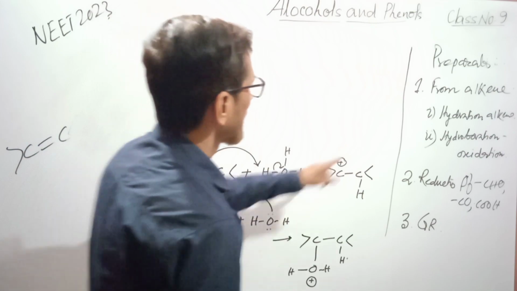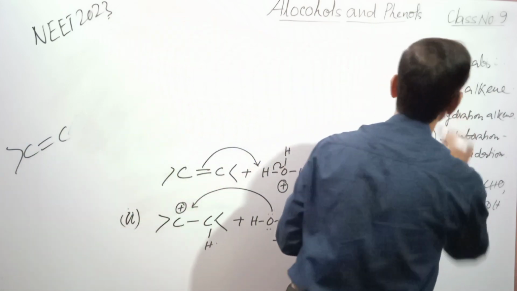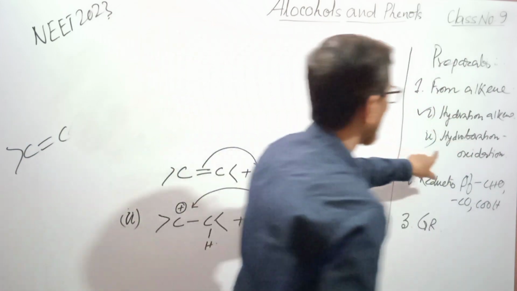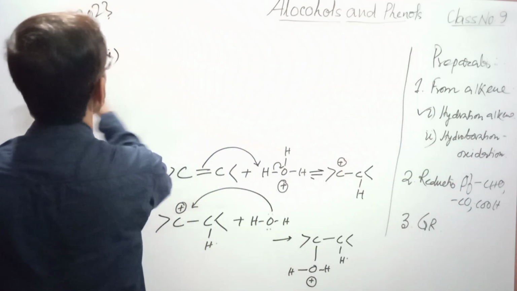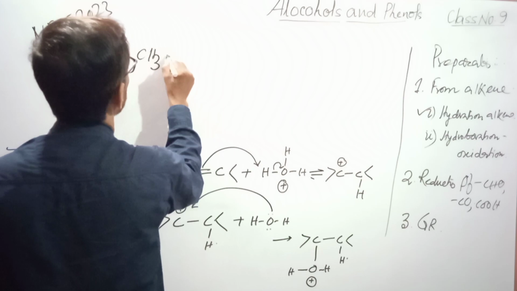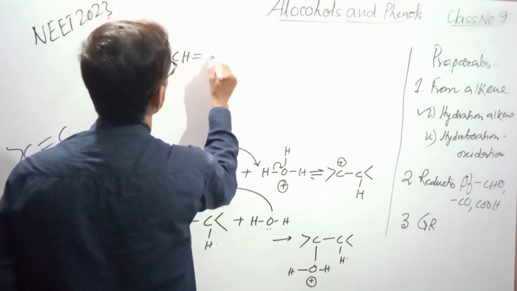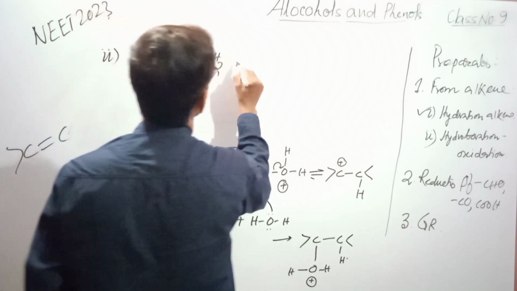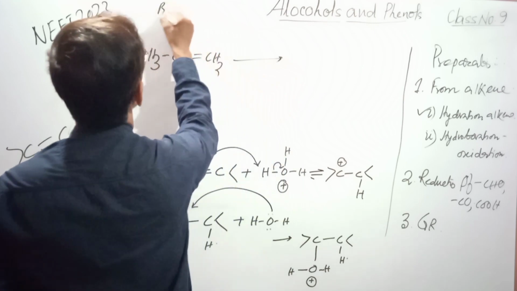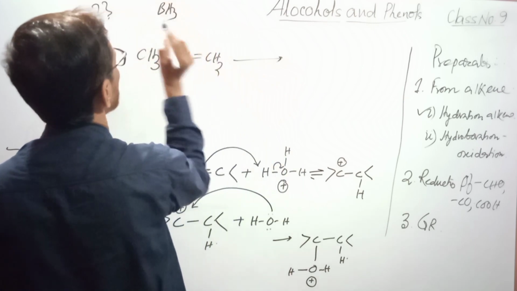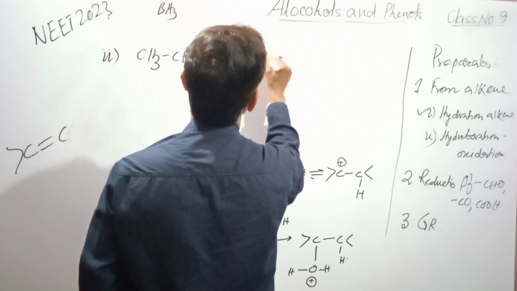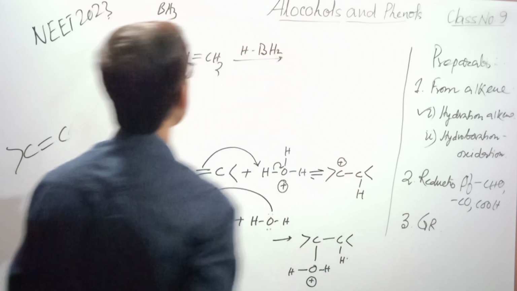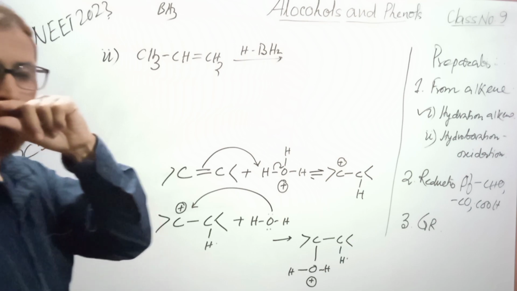Now, the first part is hydration of alkene, which I have already done. The second part is hydroboration oxidation. So you take hydroboration oxidation with ethene. Borane BH3, diborane B2H6. So write borane like this. Follow this step carefully.